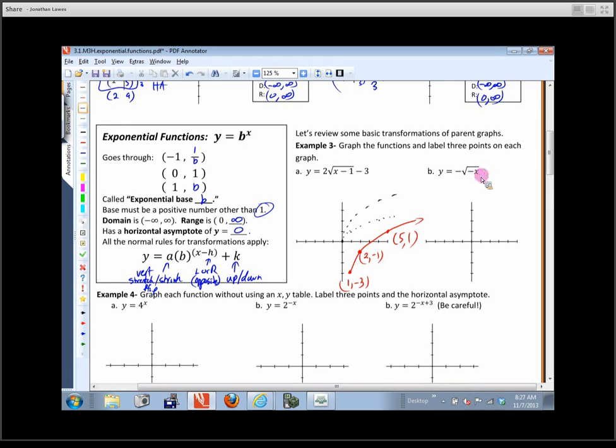Same parent graph goes through these 3 points right there. That's the shape. What does the minus in front of the x do? Okay, this is a horizontal flip. This is a flip across the y-axis. So it's going to go from being over here to being over here. So that is what we're after. But what does that negative in front do? That's a vertical flip. Flips it across the x-axis.